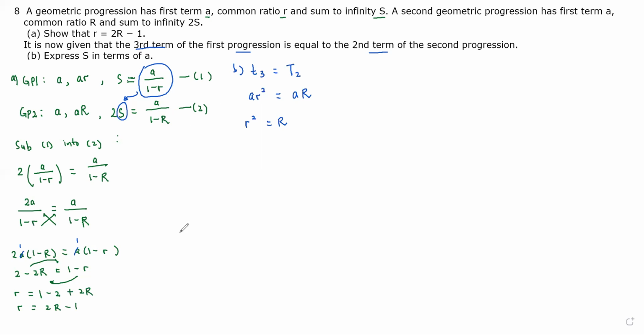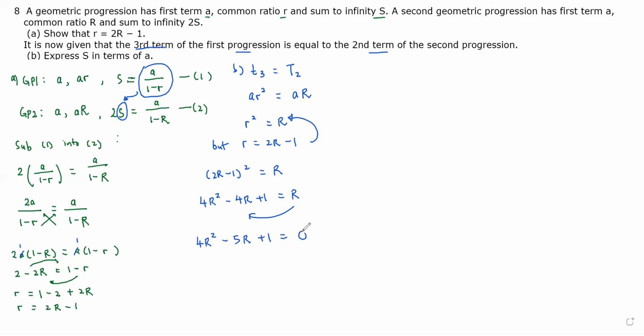But we know that little r is 2R minus 1, so we substitute it into this equation, so that (2R minus 1) squared is R. Now expand this, we have 4R squared minus 4R plus 1 equals R, and move that R over, so that 4R squared minus 5R plus 1 equals 0.